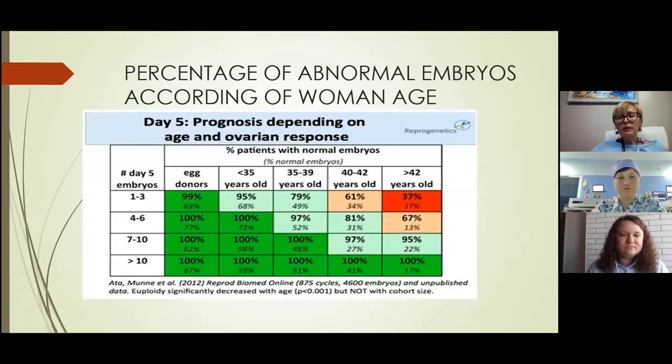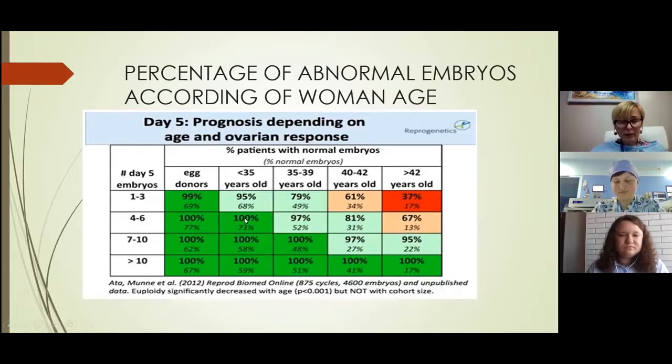Why do we have the decline of fertility with age, even if we have good ovarian reserve? In this picture, we can see the probability of having genetically normal embryos according to woman's age and the number of eggs received during the egg collection.